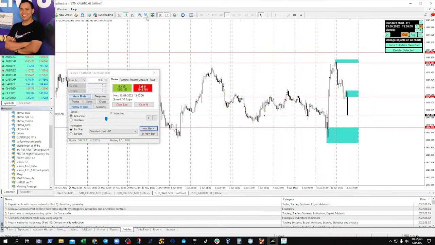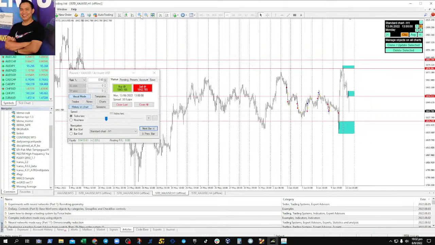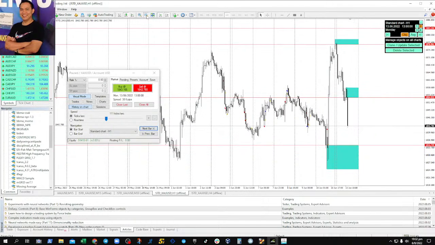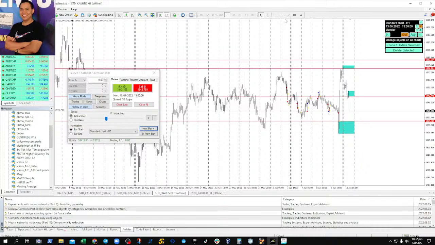This one is a bit hard to see. So this is another supply zone, but this is very high up here, so probably we will not hit it today. And 1, 2, 3, 4, that's our 4 level. If price continues to go down, we need to look at this one.